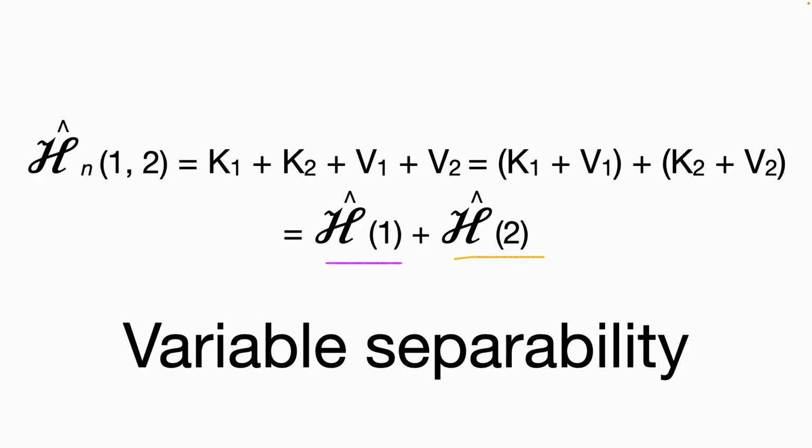So H1 only has variables pertaining to the first electron, and H2 has variables pertaining to the second electron.